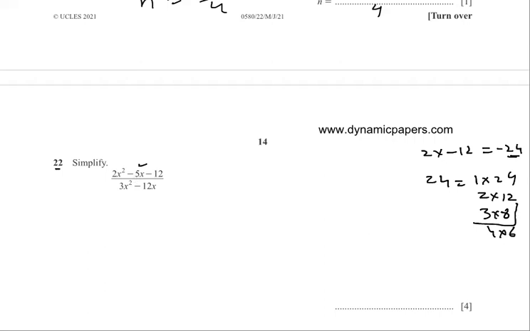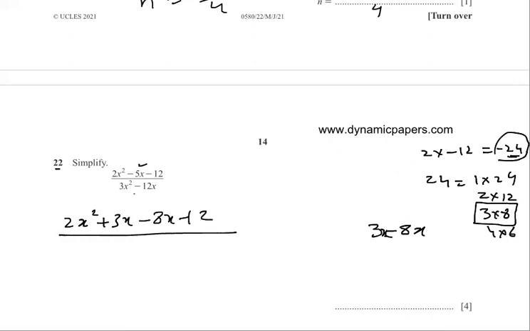So the factors that can possibly give us minus 5: if you write 3 and minus 8, when you multiply you get minus 24, and on adding you get minus 5x. So in place of minus 5x, you can write 3x minus 8x. So it will be 2x squared plus 3x minus 8x minus 12 over. Now from this one, you can take common 3x.